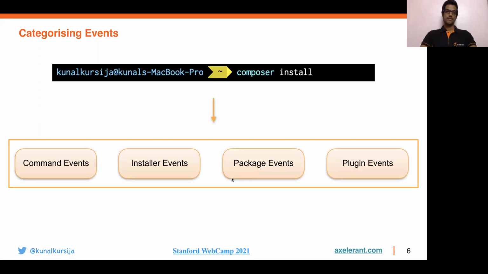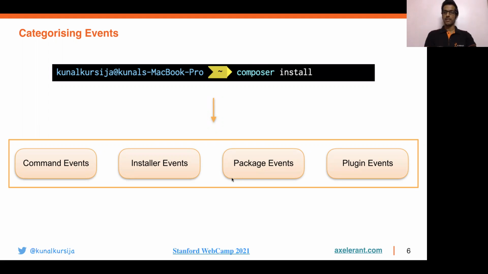Now, let's categorize the events that are fired by composer. When you execute any composer command from the CLI, for example composer install, composer fires various types of events. These events are categorized into four different categories, namely command events, installer events, package events, and plugin events.